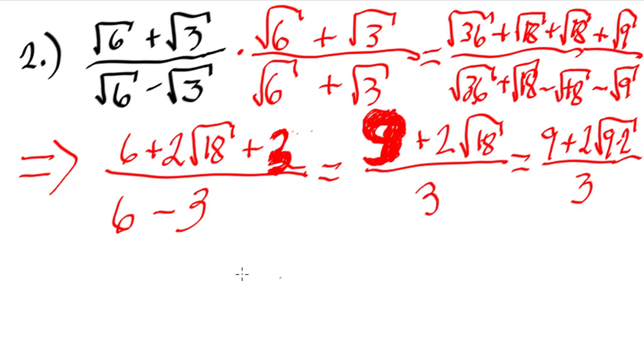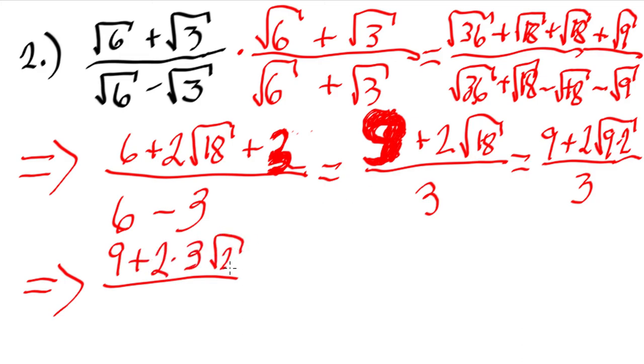The square root of 9 is 3, so this gives us 9 plus 2 times 3 square root of 2 all over 3. 2 times 3 is 6, so we have 9 plus 6 square root of 2 over 3.